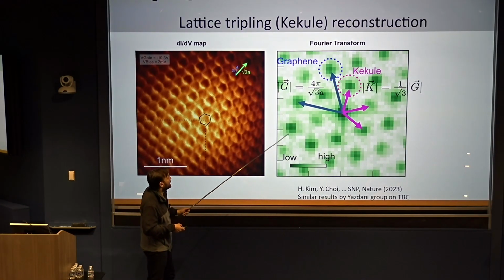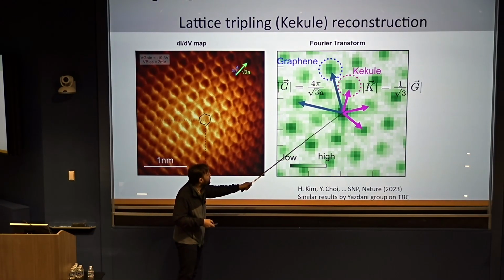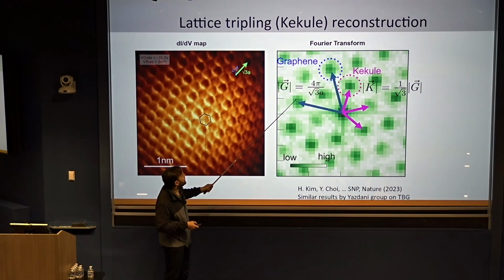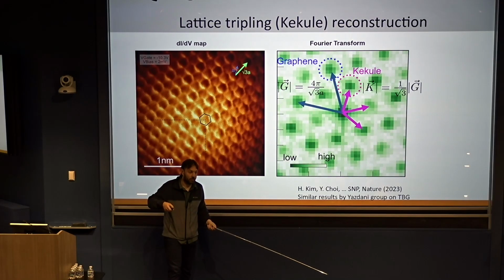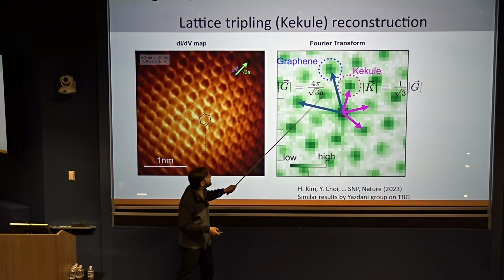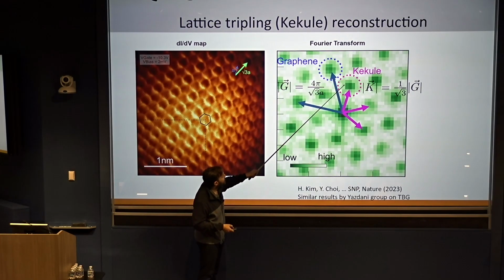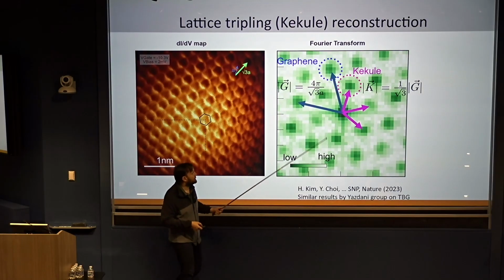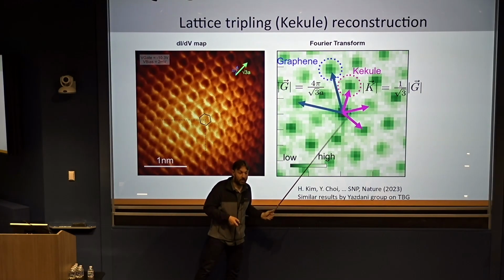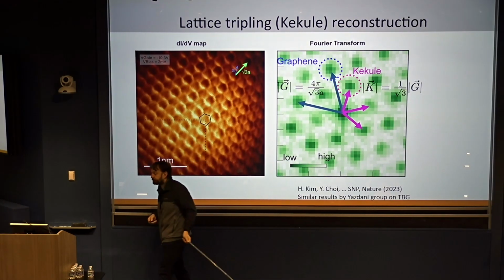You can see that there is a central peak, and a bunch of peaks that correspond to the periodicity originating from the graphene lattice. But then there are peaks closer to the origin that correspond exactly to this square root 3 by square root 3 reconstruction. Okay.